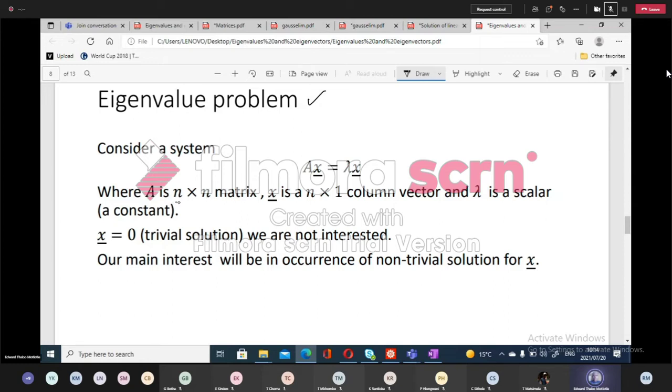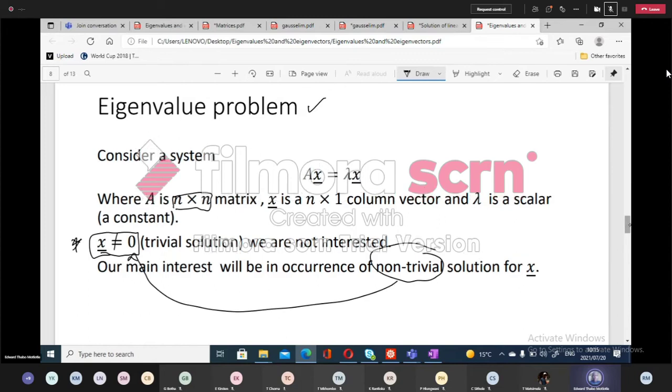It means that it's a square matrix, and X is an n by 1 column vector, and lambda is a scalar or a constant. We know that X equals 0 is a solution, but we are not interested in this solution. Our main interest will be in the occurrence of a non-trivial solution for X. Non-trivial basically means that X is not equal to 0.